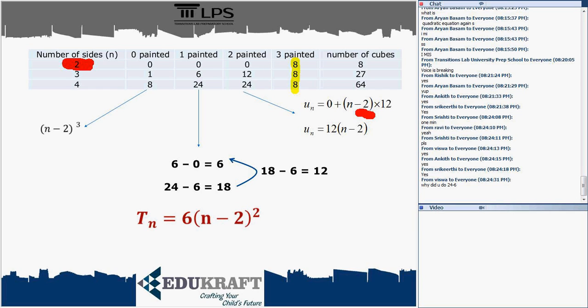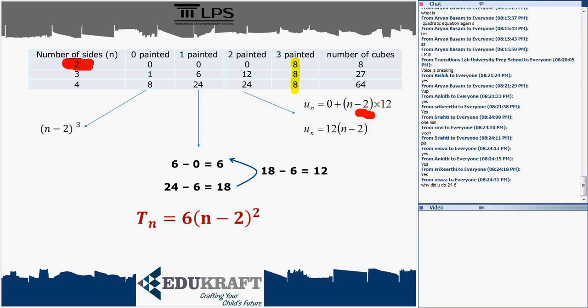Don't start doing anything, you don't need to cut the cubes. The answer in front of you is n minus 2 the whole cube, 1 painted n minus 2 the whole square, 2 painted, and 3 painted, 8.